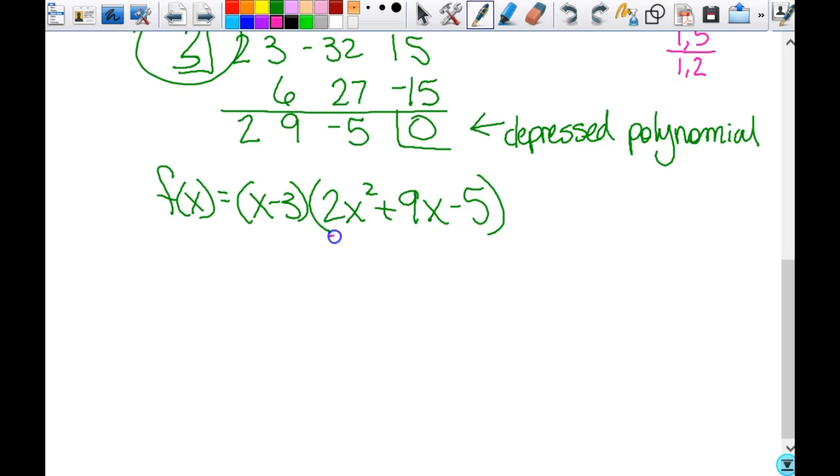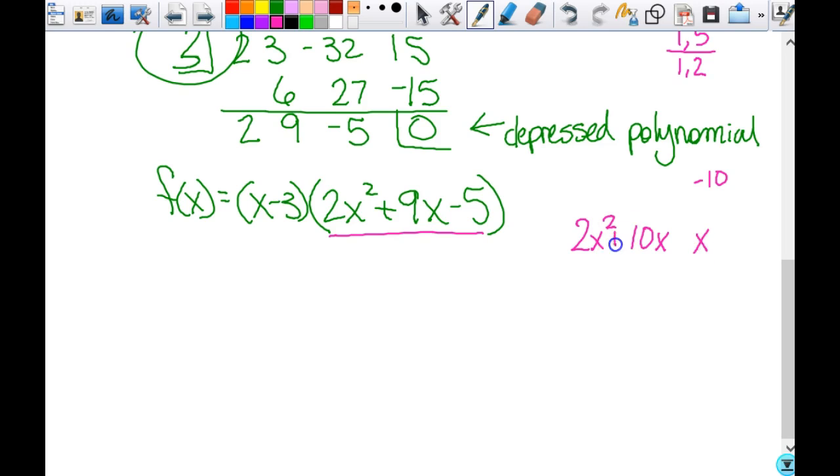But I'm just going to take this and go over here and factor it, right? So if I multiply 2 times a -5, that gives me a -10. So I need 2 numbers that multiply to give me a -10 and would combine to give me a +9. Okay, so 2x squared and then 10x and 1x, and which one's positive?